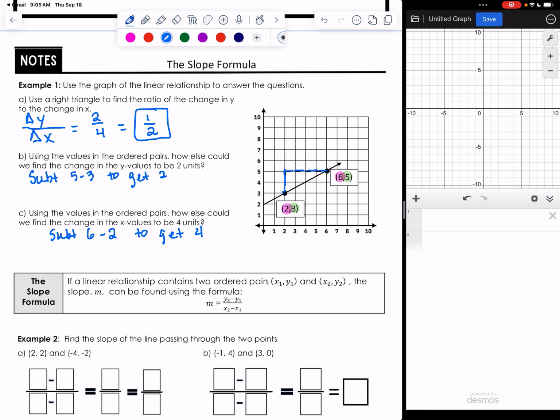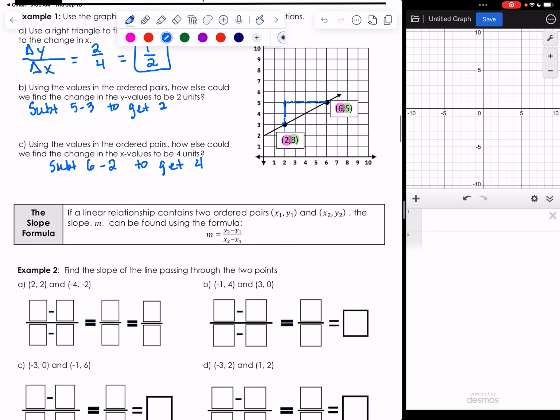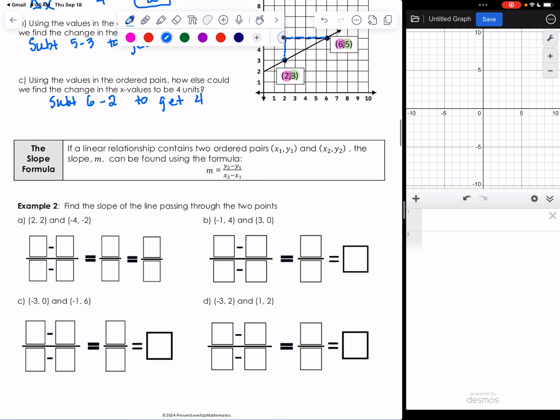All right. Now, because when we're finding the ratio of the change in y to change in x, we're subtracting the y values and the x values, this is how we get the slope formula. So let me give you the formal definition of the slope formula.